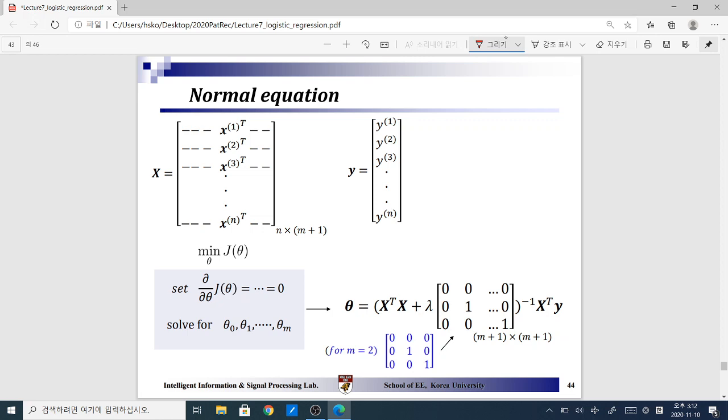We could also inject the regularization term as part of the normal equation as well. And the way we can do so is that if you can recall, without the regularization term, it used to be x transpose x, and then inverse, multiplied by x transpose y.